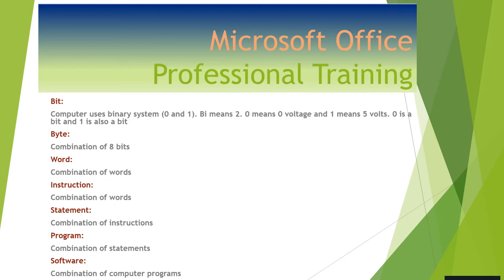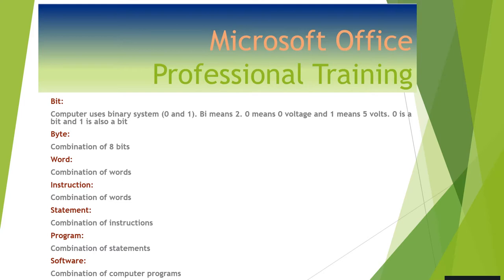If you don't know how a computer works, a computer is a binary system. Binary system means the computer uses two digits. The digits are for representation of the electrons or voltage. Bit 0 is for 0 voltage, and bit 1 is for 5 volts, you can say.